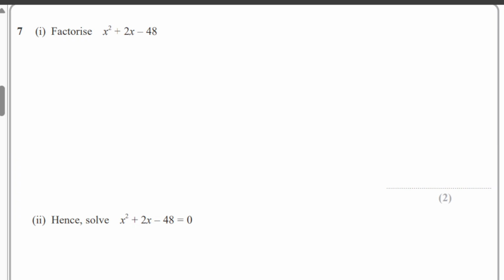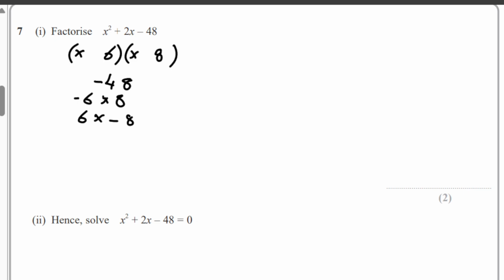It's 6 and 8. Once you get the numbers, just write them in these nice brackets. So it's x, 6 and 8. Since it's negative 48, we know it's either negative 6 times 8 or 6 times negative 8. Now, which two add to make positive 2?